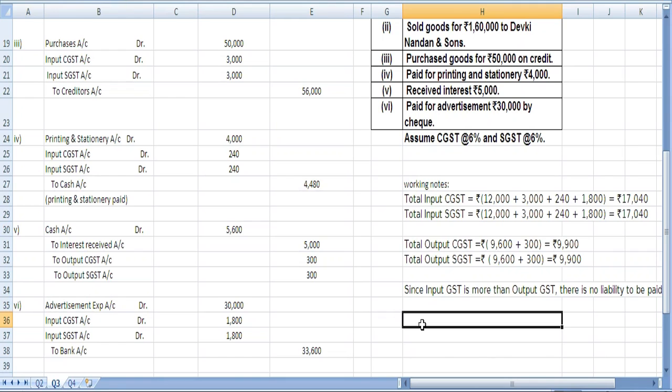So whatever is your excess input GST will be called input tax credit. Okay, so let us calculate how much will be your input tax credit. The formula will be input CGST minus output CGST.